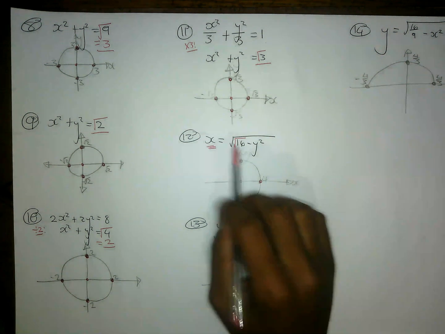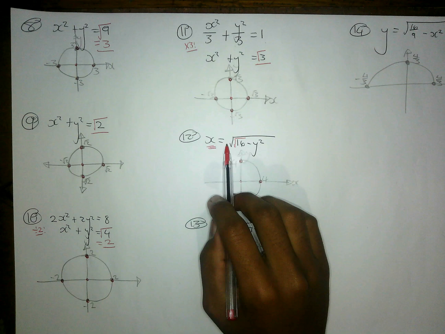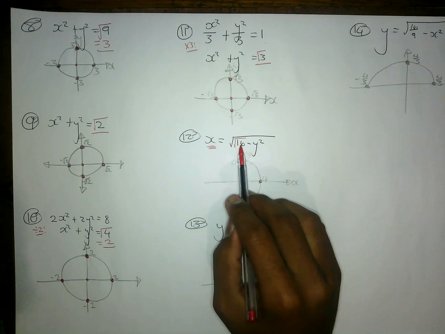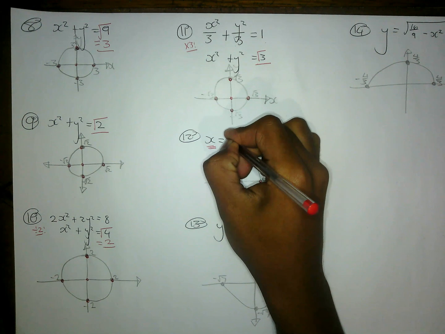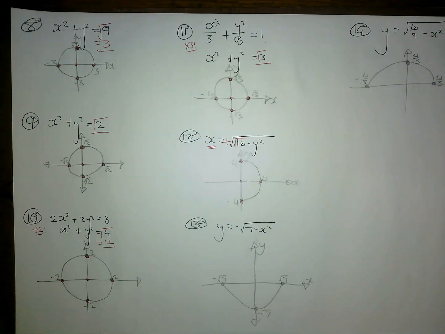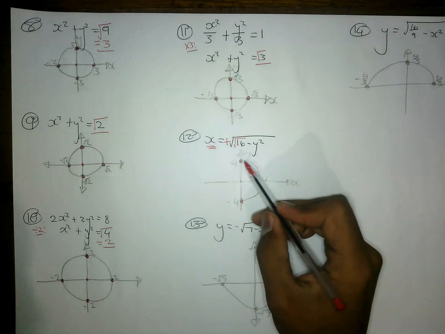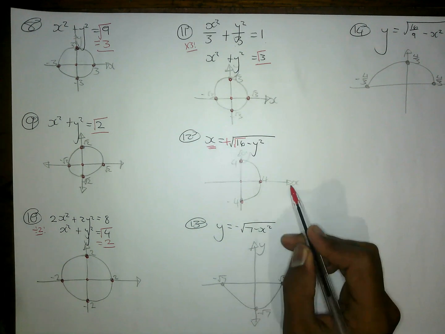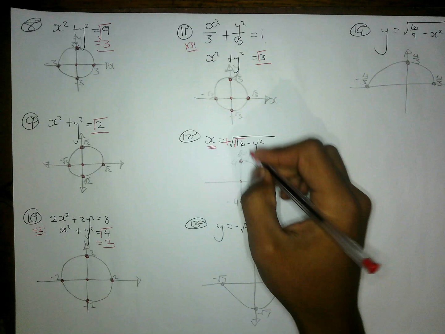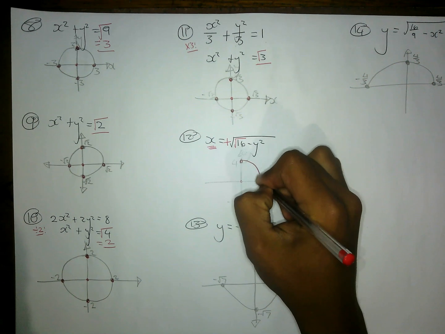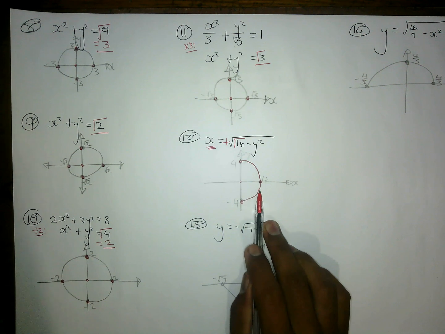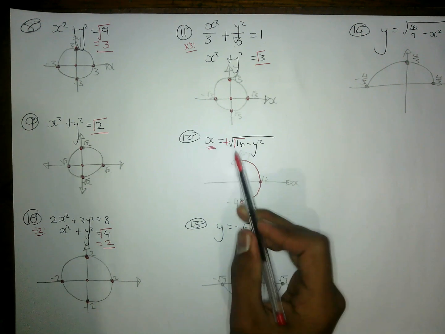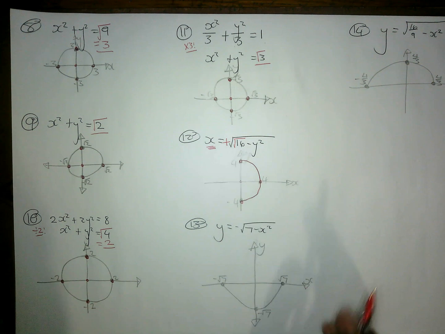Here we have a positive square root of 16 minus y squared. That is why we have this on the positive side of the x-axis. Can everybody see that? It's the positive side because it's positive over there, right?